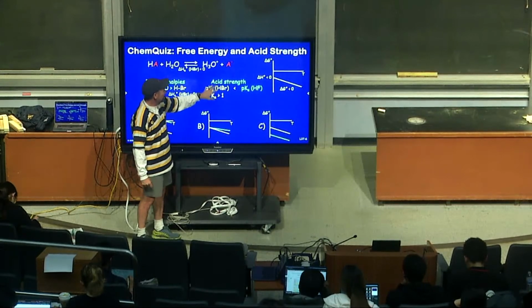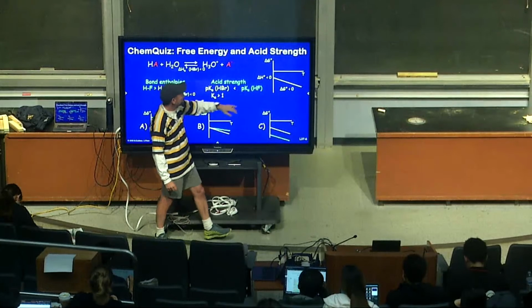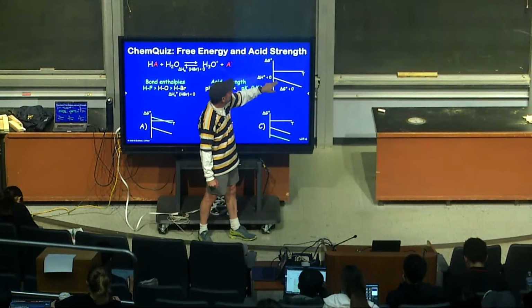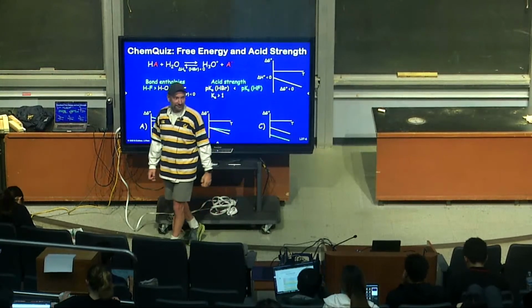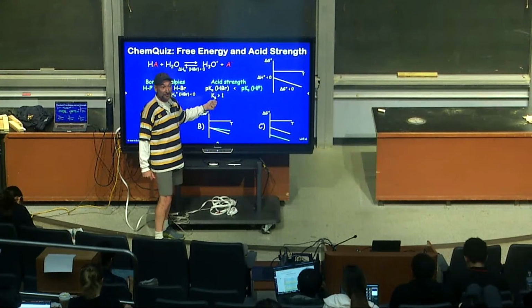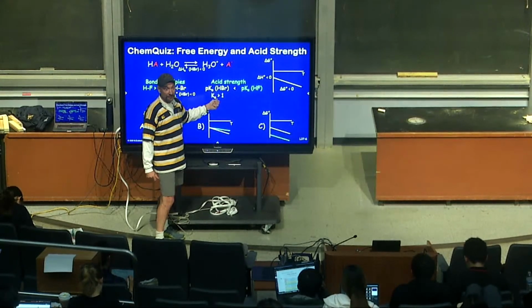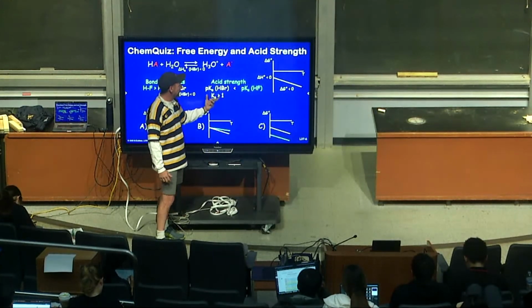This is really good, isn't it? It's going to turn out to be a strong acid. Standard state ΔG is negative everywhere. Standard state free energy is negative, K is bigger than 1. Okay? So all this is in here, kind of intuition and understanding the relationship between K and ΔG.